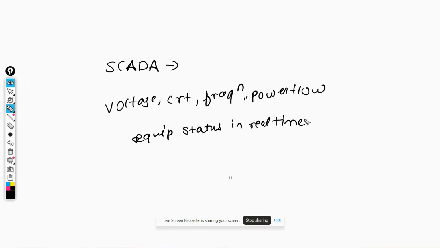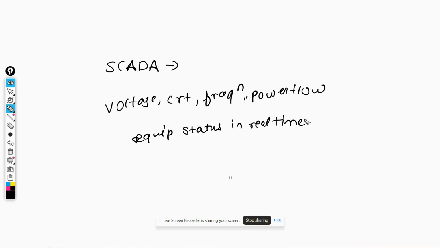This information is displayed on computer screens, allowing operators to take quick decisions. Now imagine you are using a CCTV camera in your house. Instead of physically visiting every room, you can monitor everything from one screen. Similarly, SCADA allows power engineers to monitor multiple substations from one control center. So this saves both time and manpower.